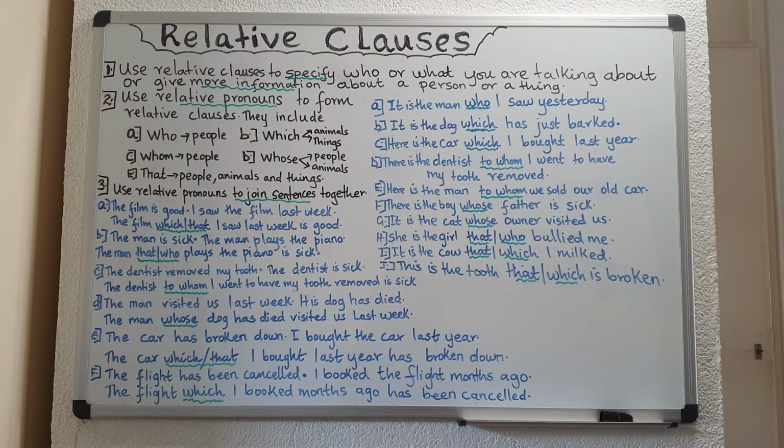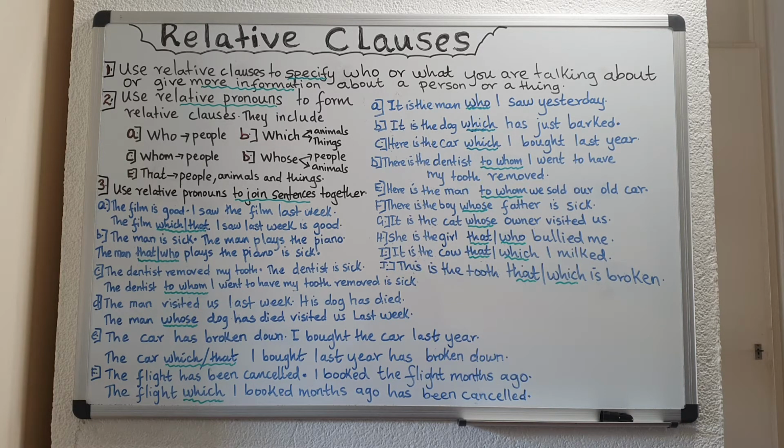And then C, we use the relative pronoun whom when we want to be very specific about people and give extra details about people. And then D, we have the relative pronoun whose. We use whose when we want to give extra details about people and animals.